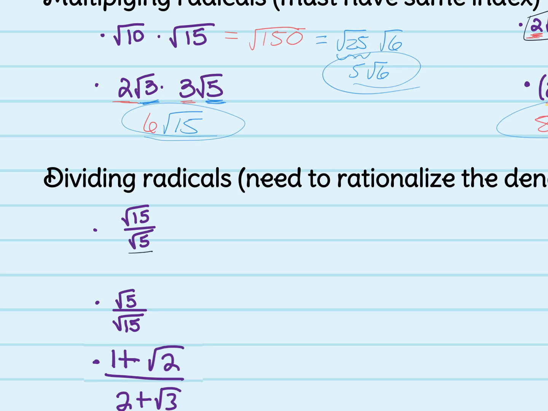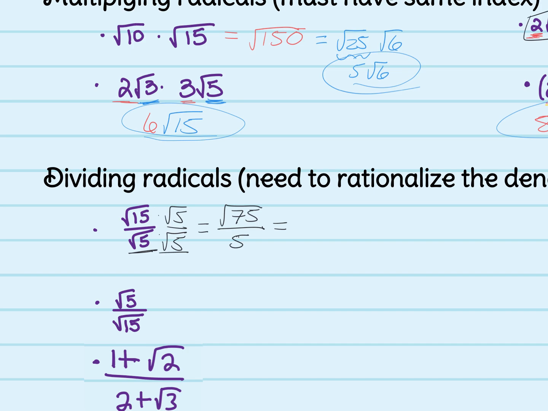Right, so our denominator here is radical 5. So I'm going to do square root of 5 on the top and the bottom, they're going to multiply. On the top, 15 times 5 is 75. Take the square root over, and then square root of 5 times the square root of 5 gets you whole number 5. All right, 5 with no radical.